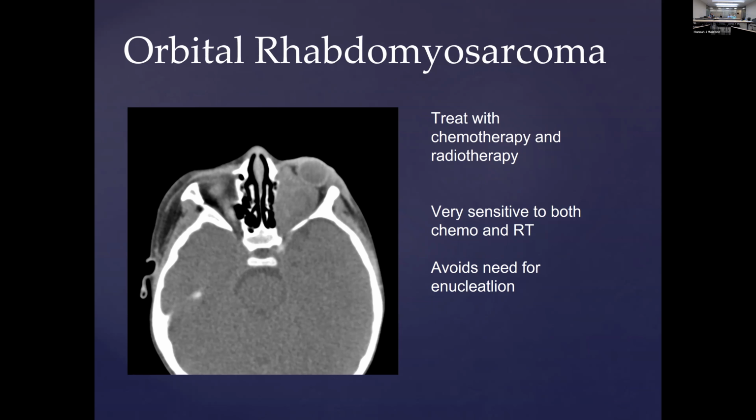And it's very sensitive to radiation too. So this patient gets chemotherapy, and usually it shrinks down and you give radiation. It's a pretty modest dose of radiation, somewhere between 45 and 50 gray. It's not nothing, but they have excellent, it's one of the really good prognosis for rhabdomyosarcoma.